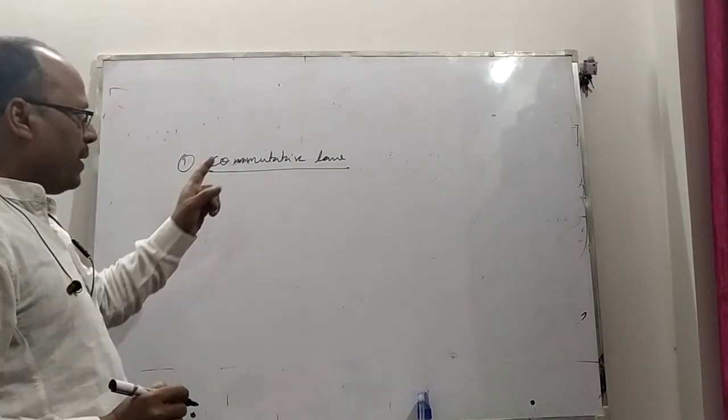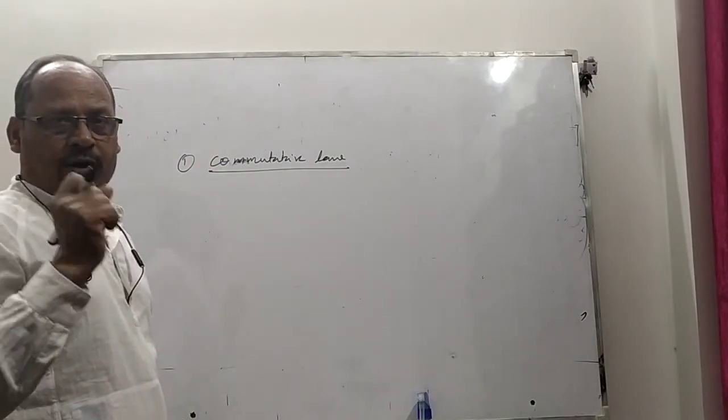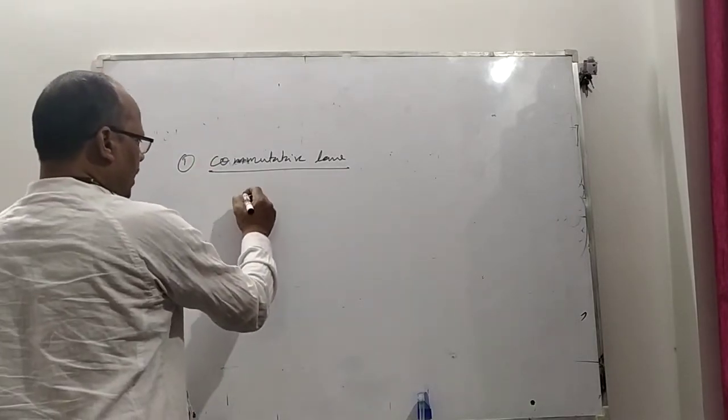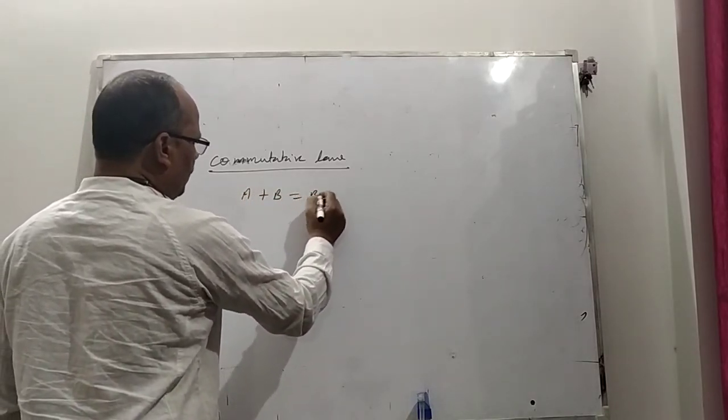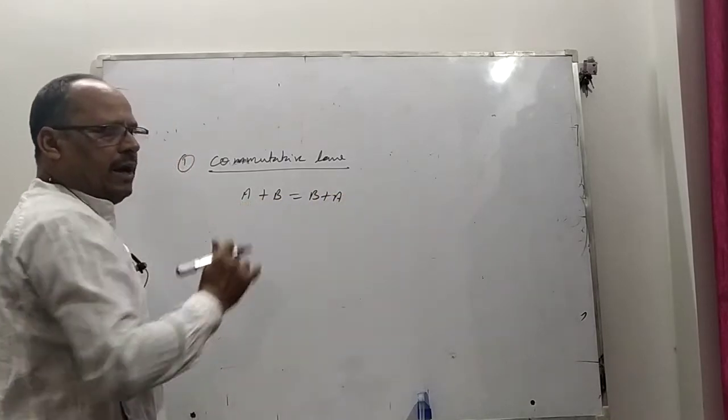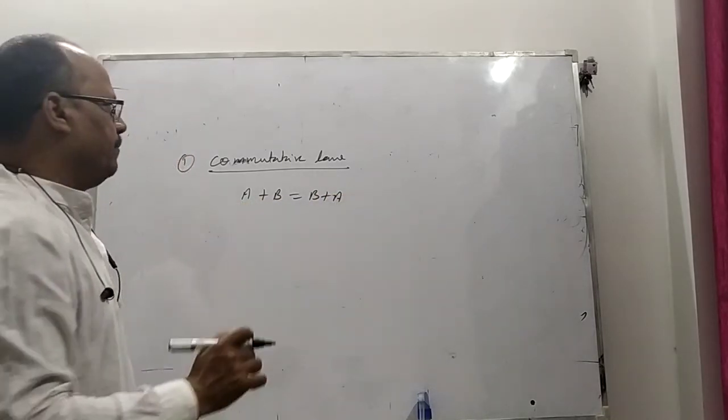This is a property for the addition of two matrices. For matrices A and B, A plus B equals B plus A. The order of A and B will be the same.